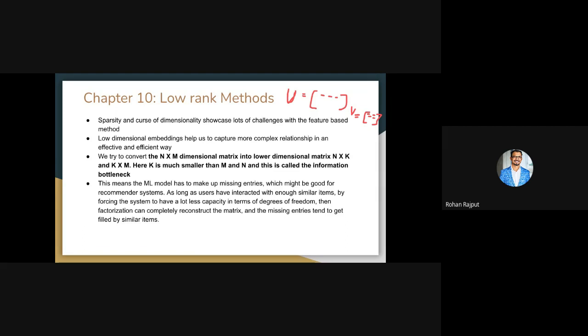One of the biggest challenges with feature-based systems is sparsity and the curse of dimensionality. What do we mean by sparsity and curse of dimensionality? If we remember, we used to create something called an interaction matrix, which is a simple matrix that covers the interaction between user and item. In the rows of this matrix, we had every user, and in the columns, every item.